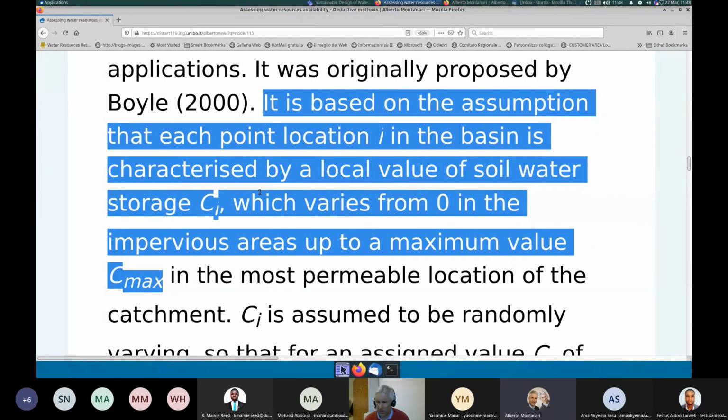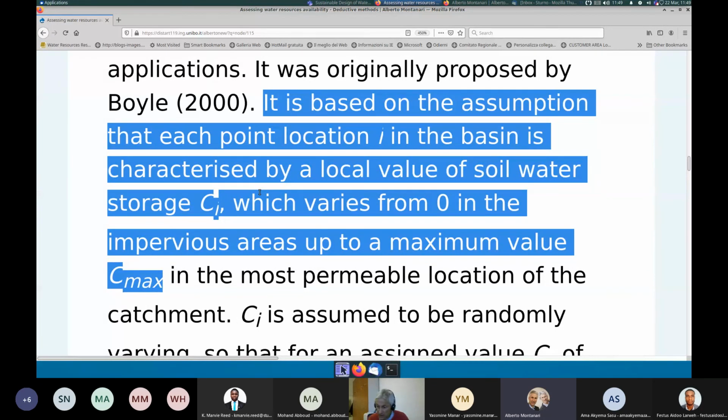You don't see anything in the river. If you have a location where rainfall is more than the storage, then you see the storage, which you don't see in the river, but at the same time you have an excess with respect to storage, which means that you see some water in the river.